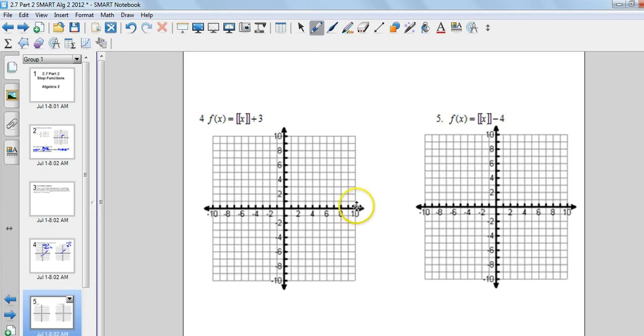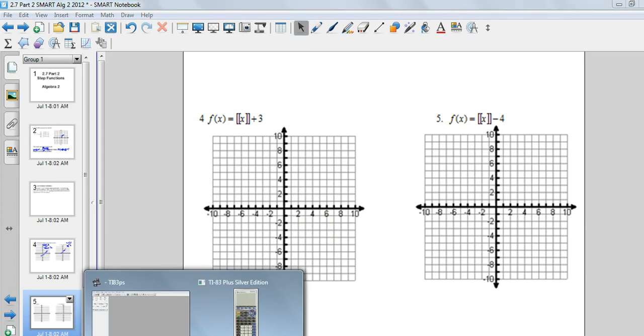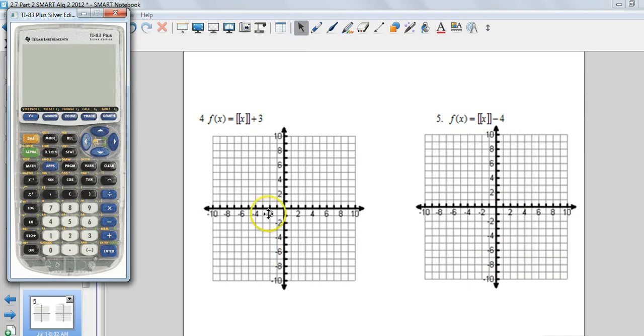Okay. The next problem, if I go to my calculator, has the greatest integer of x plus 3. So back to my y equals the greatest integer of x.